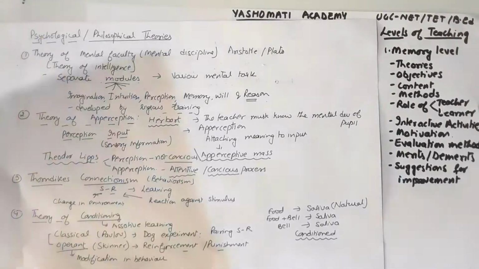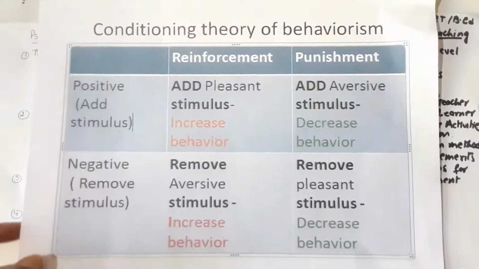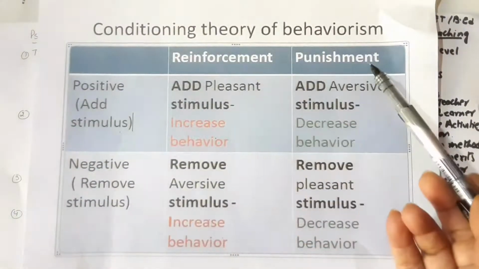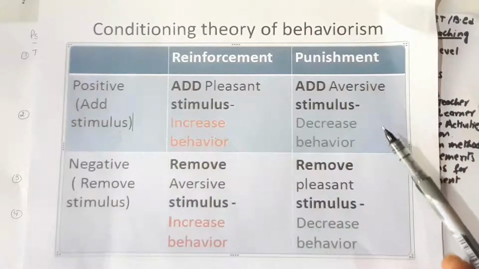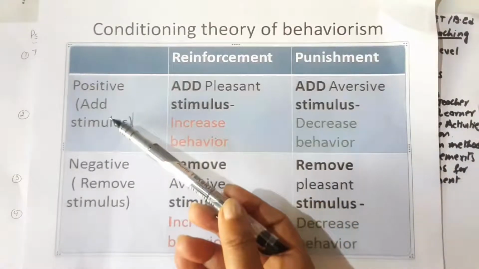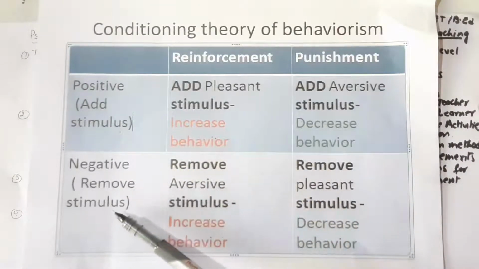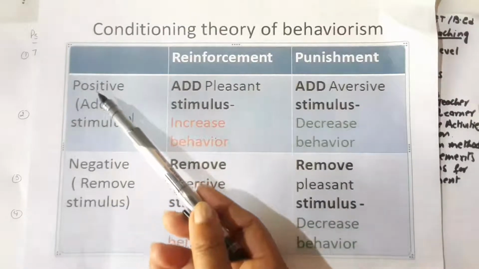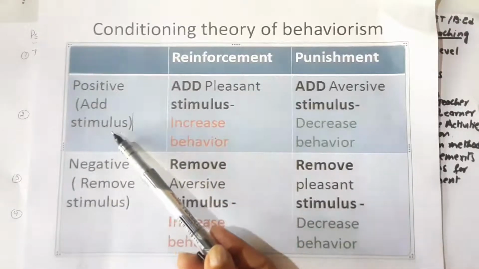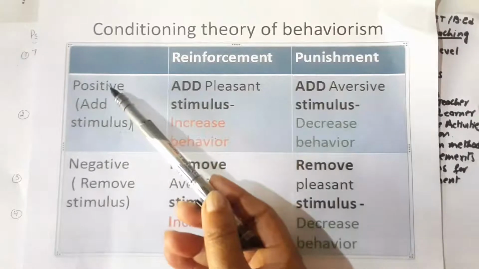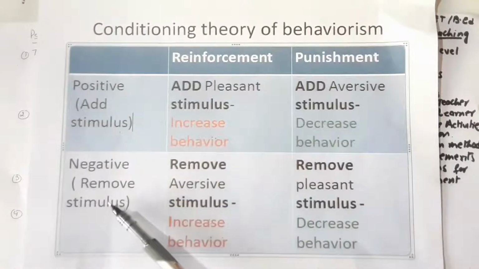According to the conditioning theory of behaviorism, reinforcement and punishment can be done in two ways, either by adding the stimulus or by removing the stimulus. If we add a stimulus, then it will be called positive. If we are removing the stimulus, then it will be called negative.